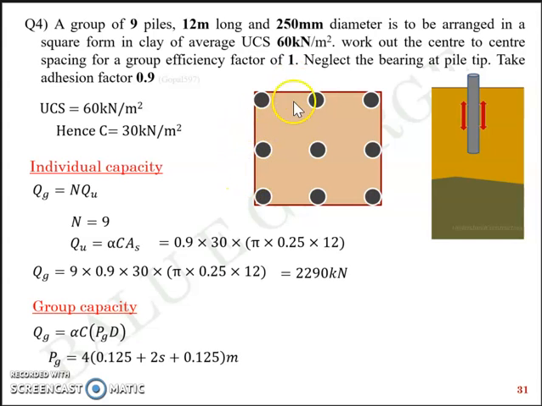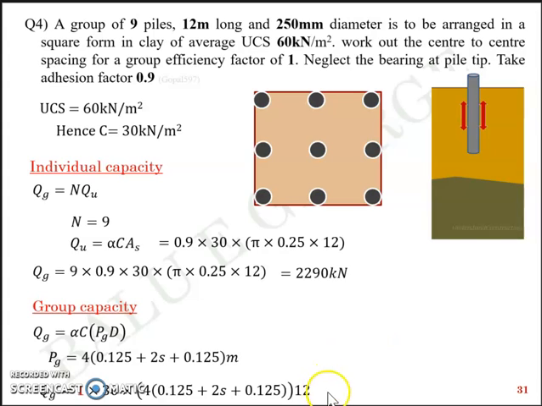Had it been one single pile in individual capacity action, the interaction will be from the concrete to the soil. But in this case, in the group case, alpha is not equal to 0.9. Instead, it's soil to soil interaction, or alpha is equal to 1, which I have highlighted in red font.